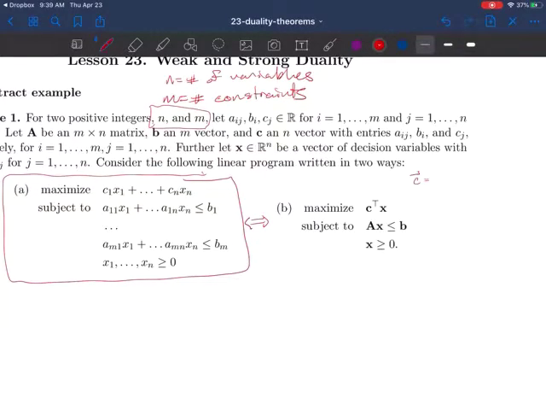If you look at this form over here, this is equivalent to this. The way in which it's equivalent is you think of the c vector as being just c1 through cn. The aij are the components of the matrix.